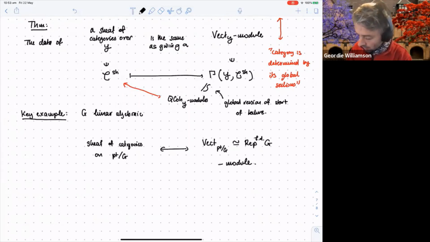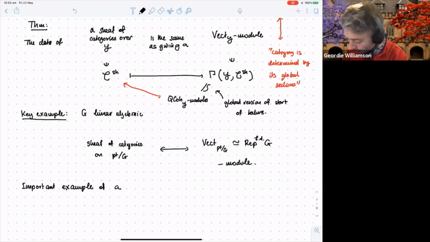So the important example of a sheaf of categories over point mod G.